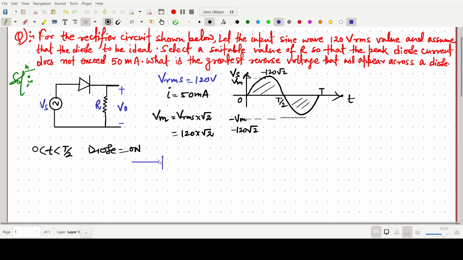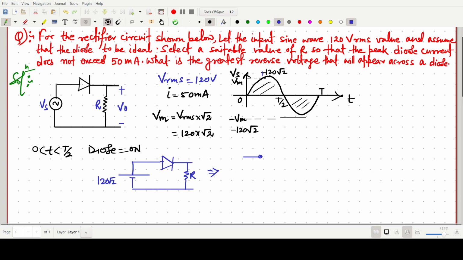The maximum voltage that we will give as a DC will be plus 120 root 2. For simplification purposes, we are just saying the maximum DC voltage will be like that. So during this positive voltage, this diode will be shorted, and this will be R, and this will be 120 root 2.